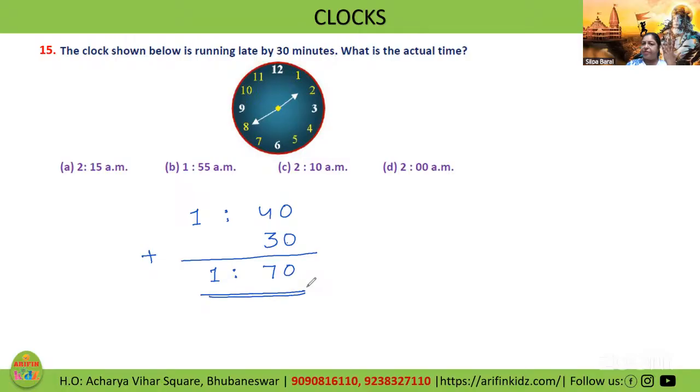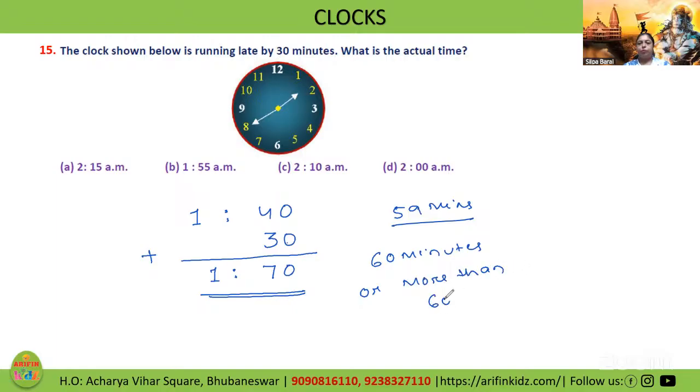Have you ever heard of 170? Always remember when you are doing addition, in this place maximum you can put 59 minutes. When it becomes 60 minutes, beta, or more than 60 minutes, what you have to do? You have to convert that into hour.